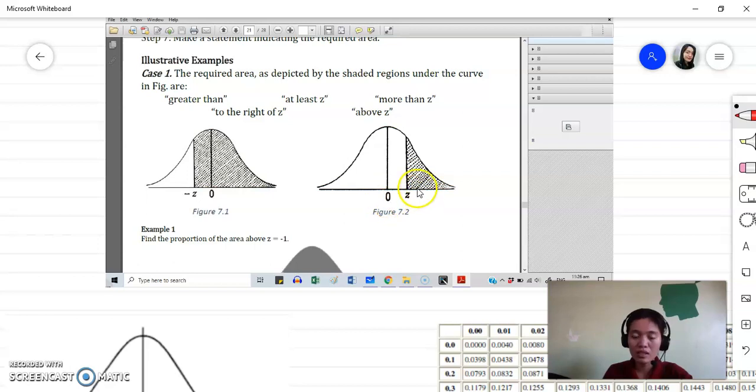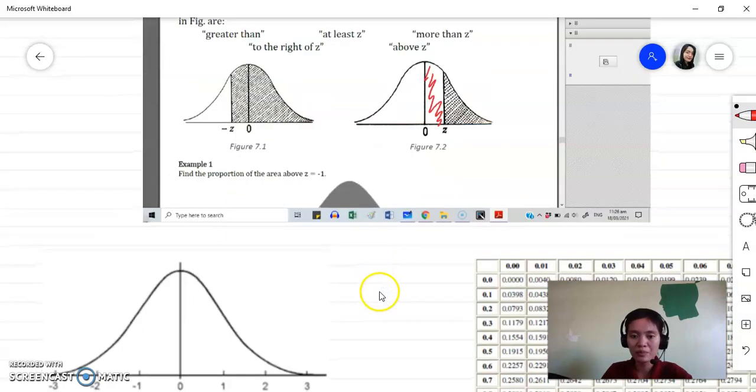So in that case, we're going to subtract: 0.5 minus the area from 0 to positive z. Because if you subtract that, this half minus this one here, you will get this part. So that's the idea there.